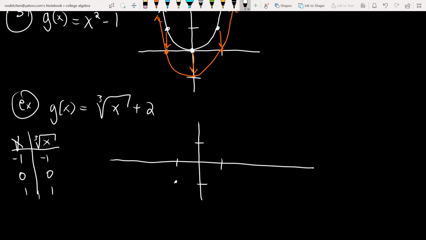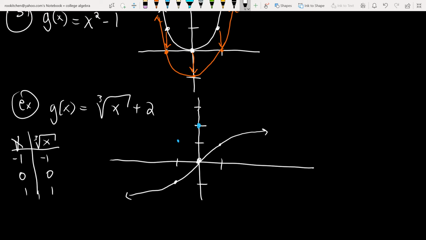It has an S-type shape to it. It shouldn't level off, it should just keep on going. Okay, so it should look like this. And then if you add 2, that's just going to shift everything up by 2. Let's put it in blue this time. So the point 1, 1 becomes 1, 3 and we'll put that there.